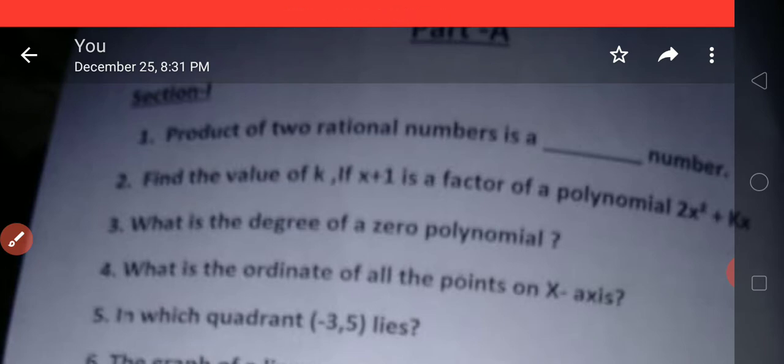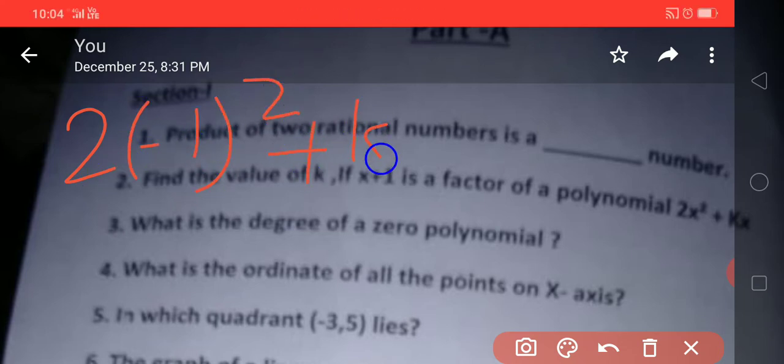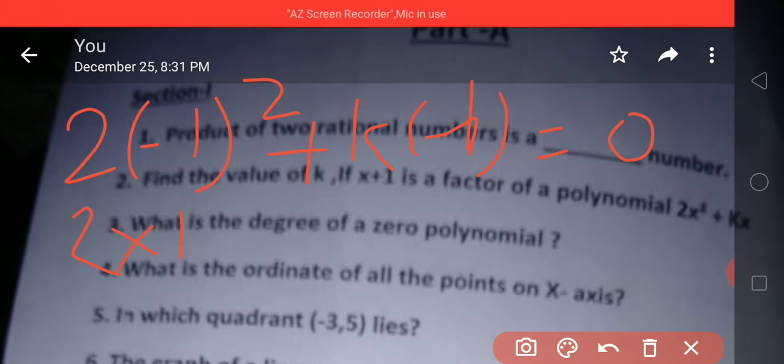So we can put the value x equal to minus 1. So 2 into minus 1 square plus k into minus 1 equal to 0. So it will be 2 into positive 1, because minus 1 square is positive 1, because if you have a negative base and even power, it will give you a positive answer.